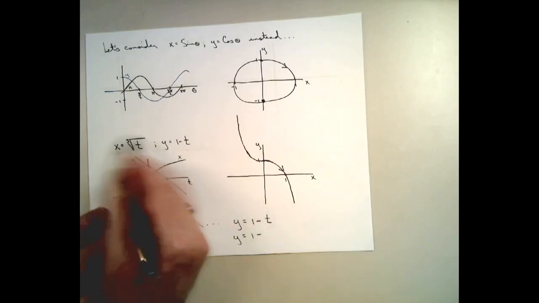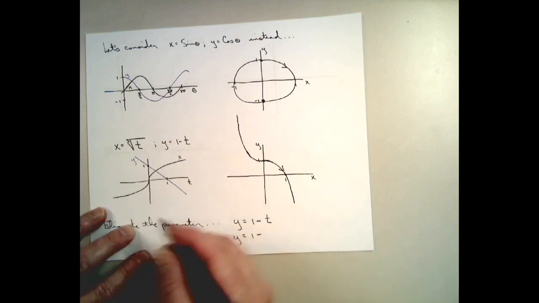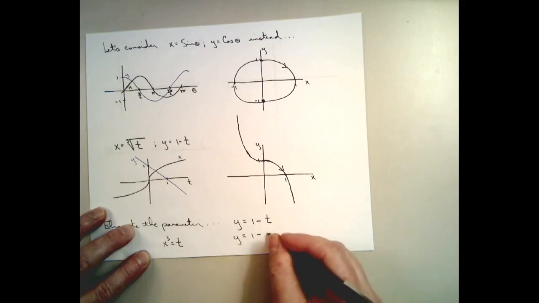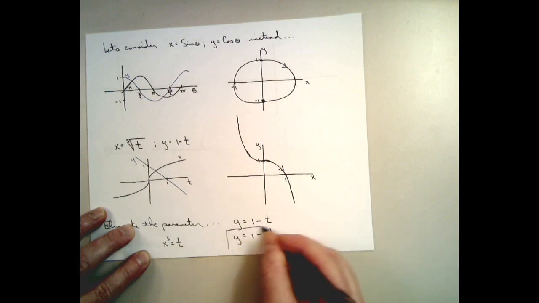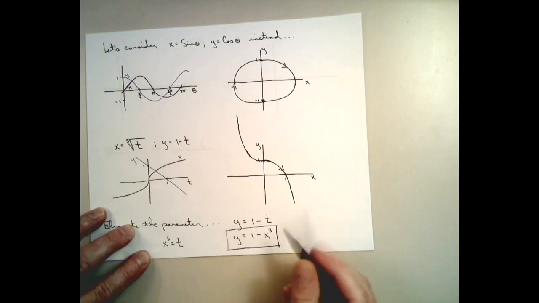if x is equal to the cube root of t, that tells me that x cubed is equal to t. So in place of t over here, I'm just going to write x cubed. And so this equation in x and y describes the same graph that this pair of parametric equations did.